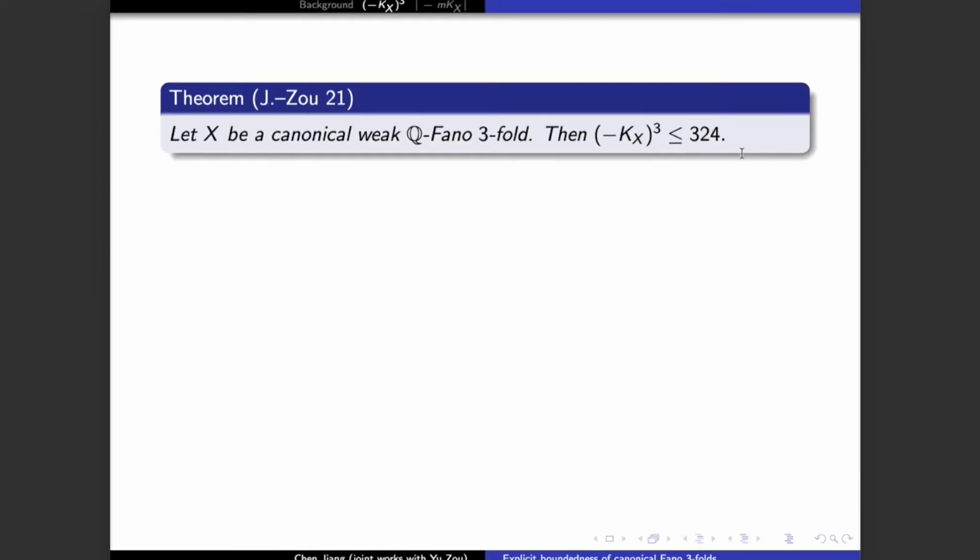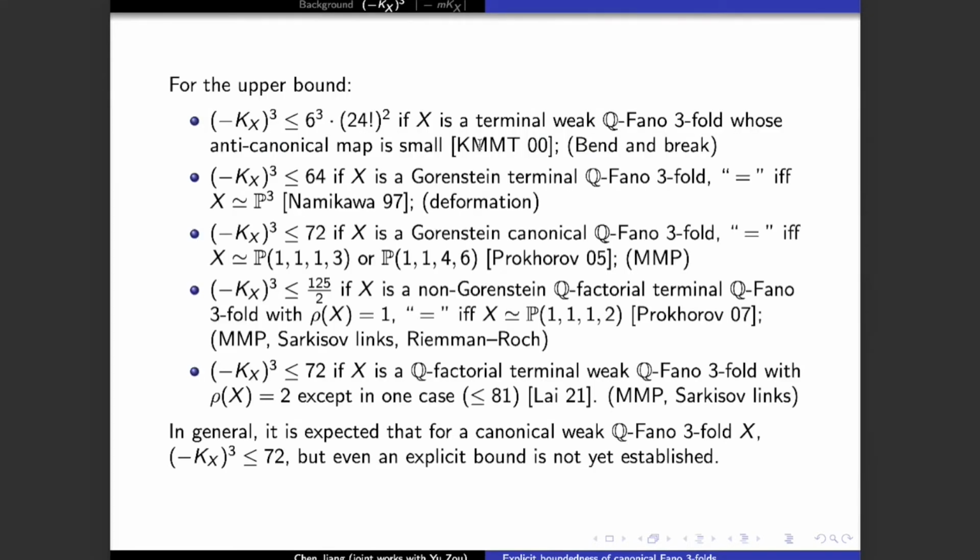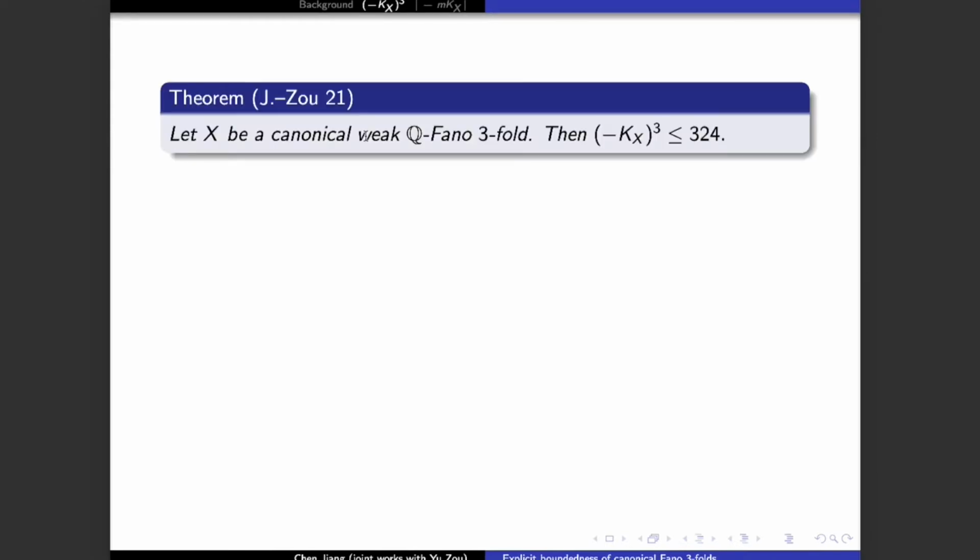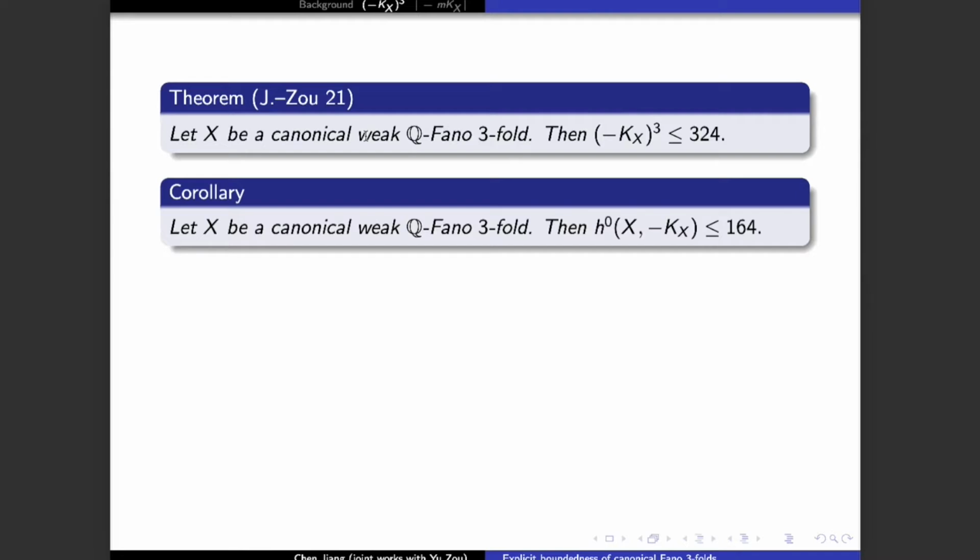So it's not so far from the optimal one, I think, comparing for example to the Kollár, Miyaoka, Mori, and Takagi bound. And also as a corollary we can give an upper bound for the genus: the h0 of minus K is bounded by 164.